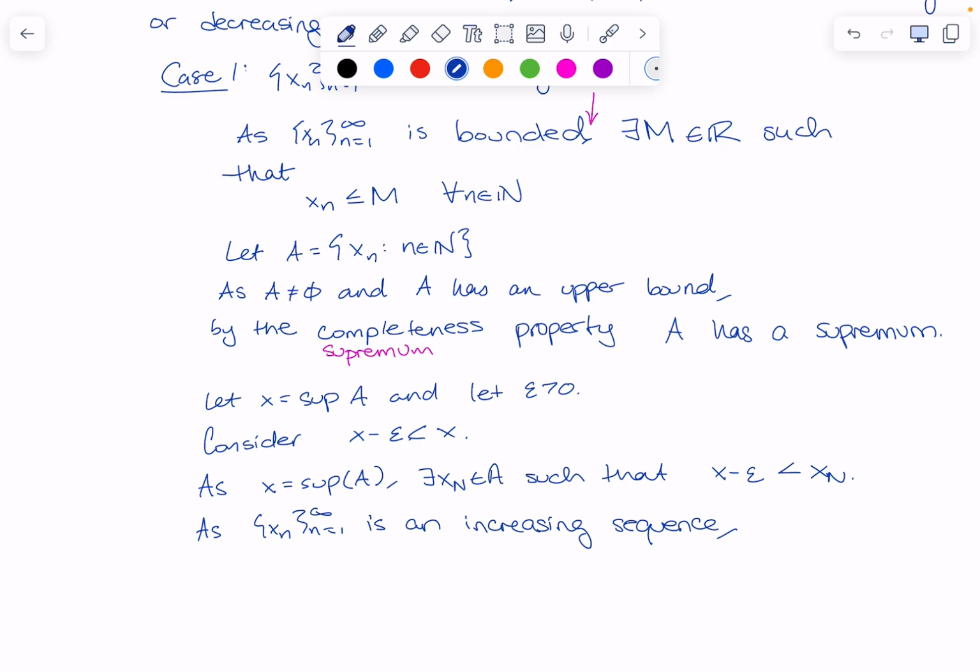It's greater than xN. So we have x minus epsilon less than xN, which is less than or equal to xn, for all n greater or equal to capital N.